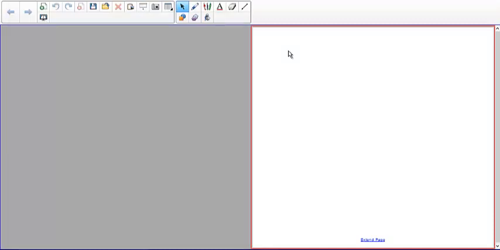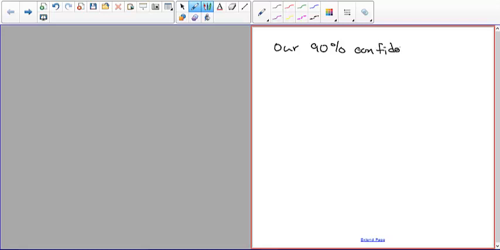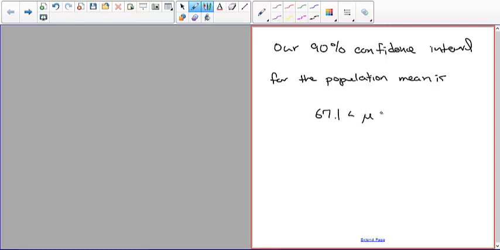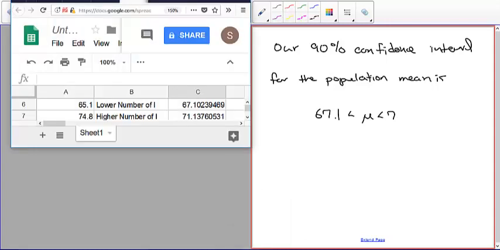So what we can say is our 90% confidence interval for the population mean is 67.1 to 71.1.